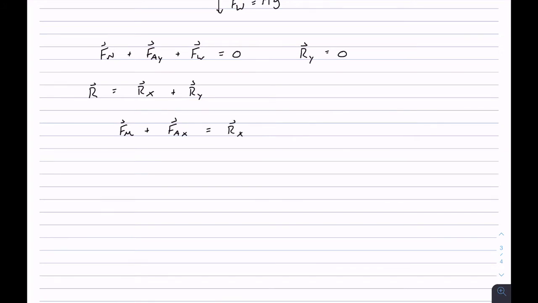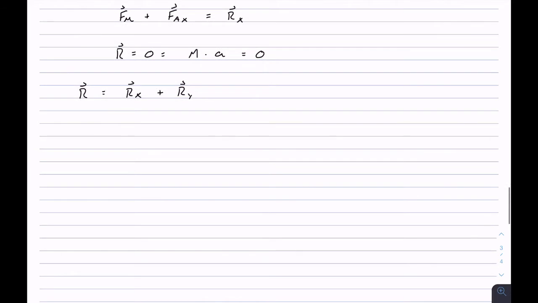We are told that this thing is moving with a constant speed. What that tells us is that the overall resultant force on this thing is equal to 0, because what we're saying is the mass of the crate times the acceleration is equal to 0. There is no acceleration. It's a constant speed.